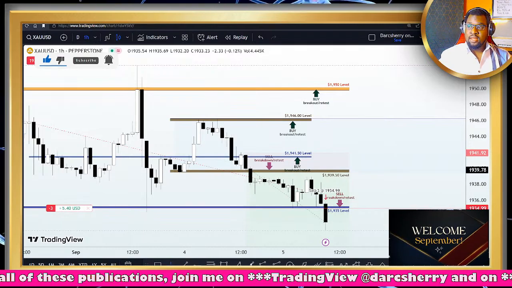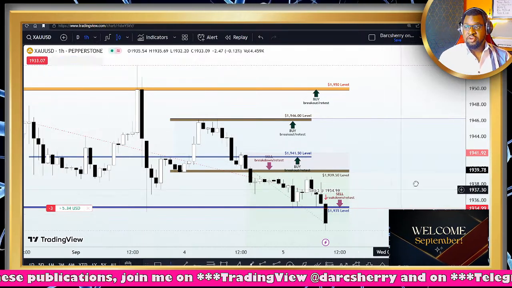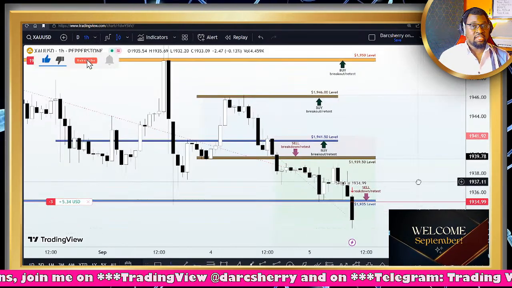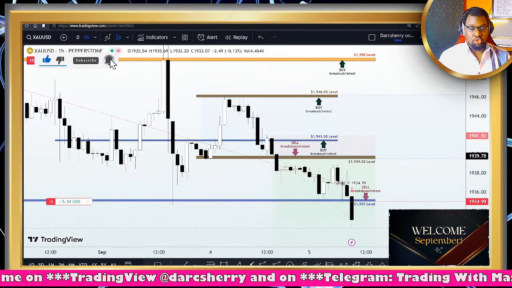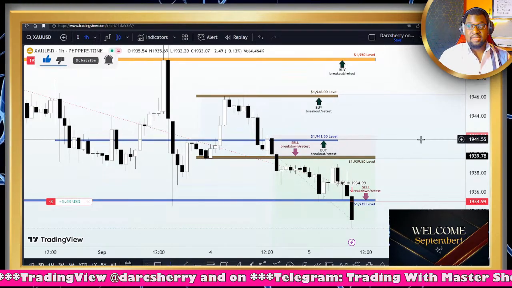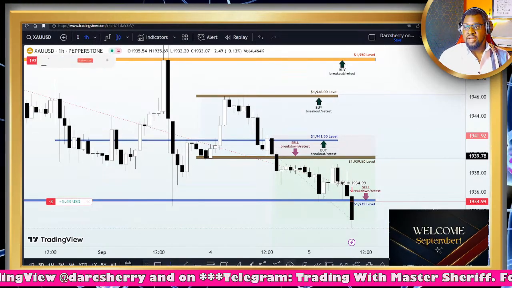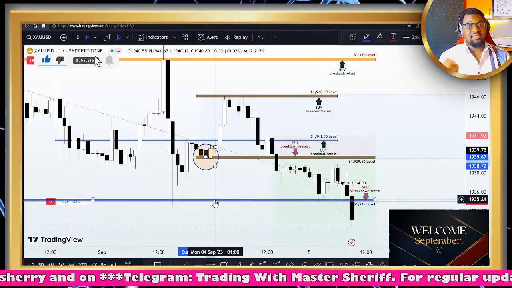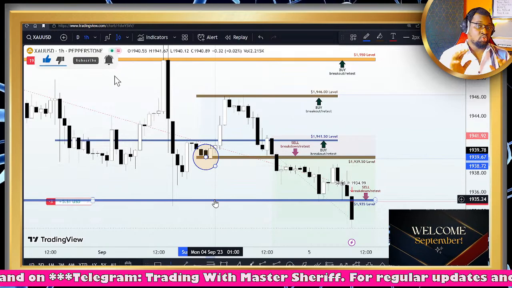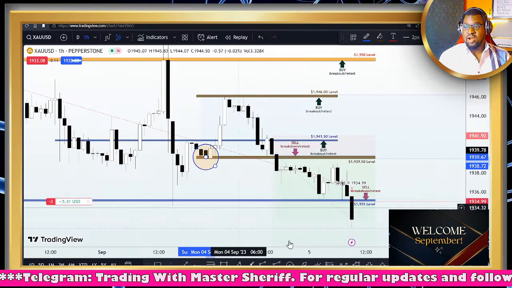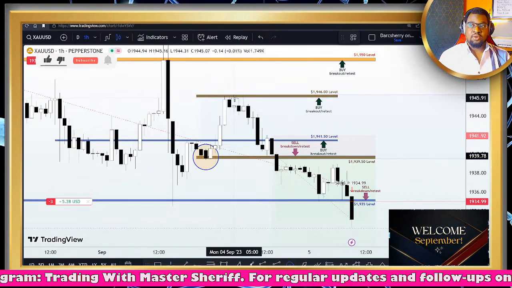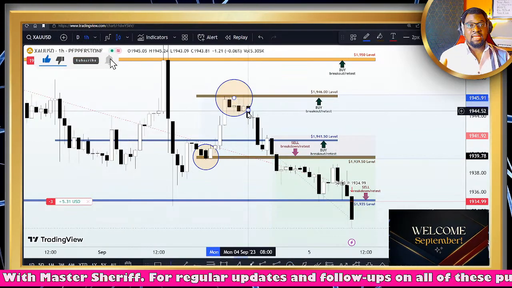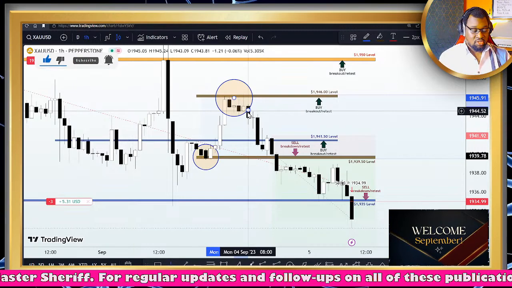Now, on the 1 hour time frame, what we saw here yesterday was a range. Initially, the market started on a bullish note. Remember, the market started on a bullish note. We saw price start the week around the $1,939.50 level, as you will see right here. Then we saw price climb up into the 1,946, where it met a strong barrier from the sellers, hereby pushing price to the downside.